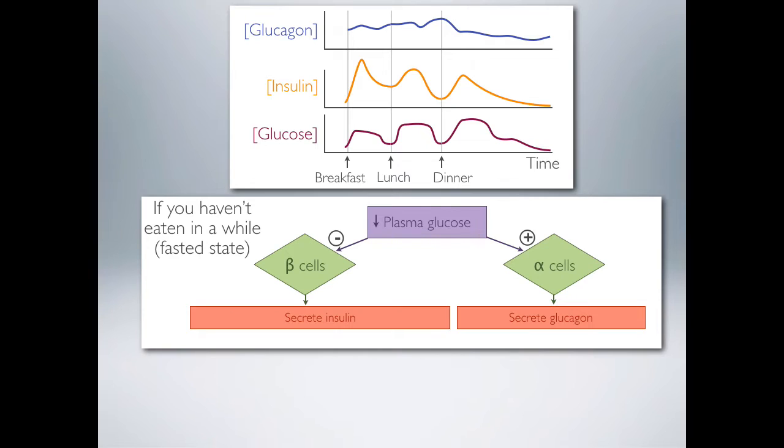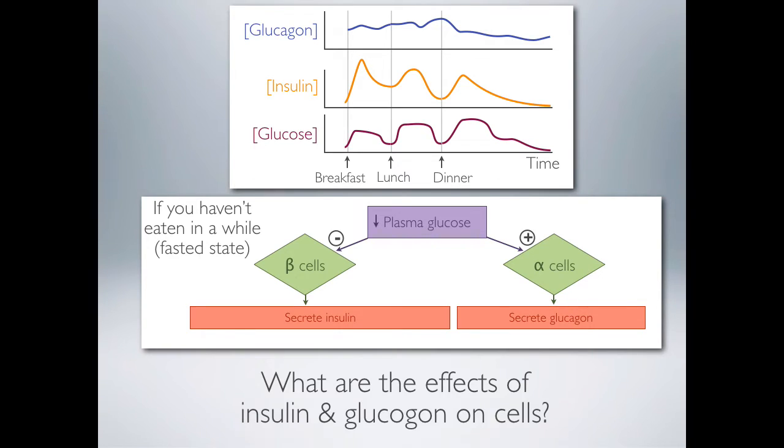Your body pays attention to both. It's really the relative concentration of insulin and glucagon that affects how the body behaves with regard to glucose circulating in the bloodstream. All right, so what are those effects? That brings us to this question: what are the effects of insulin and glucagon on the cell?